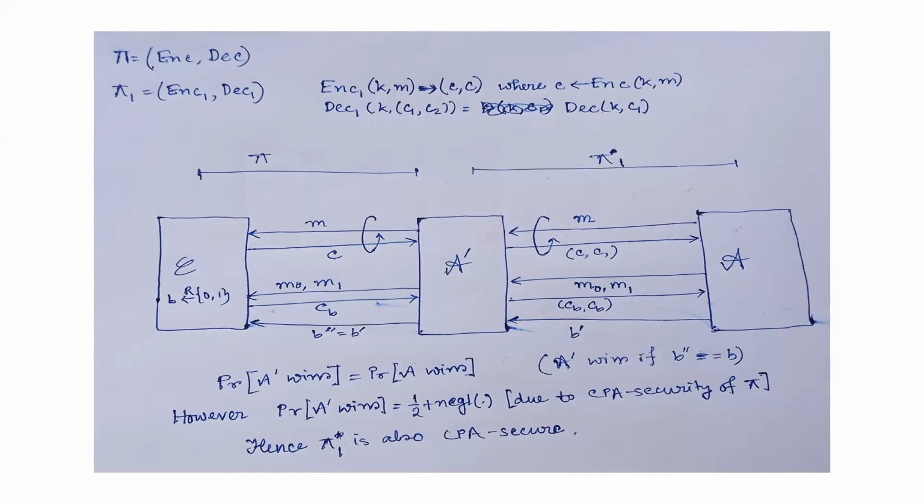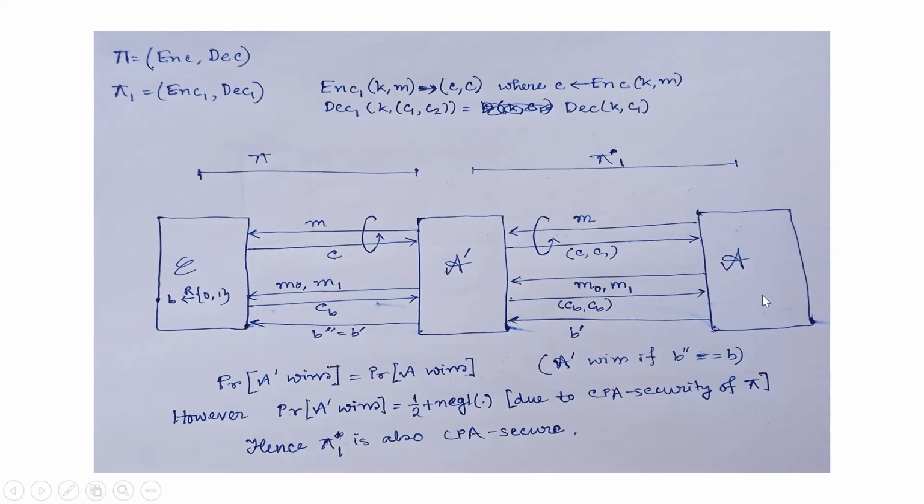Now M0 and M1 are provided by A, and A dash just takes them and forwards them to the challenger C. And C, as you know, chooses some random bit B from 0 or 1 and just gives the challenge ciphertext CB to A dash. And A dash again takes two copies of CB and makes the challenge ciphertext CB comma CB for the scheme pi1.